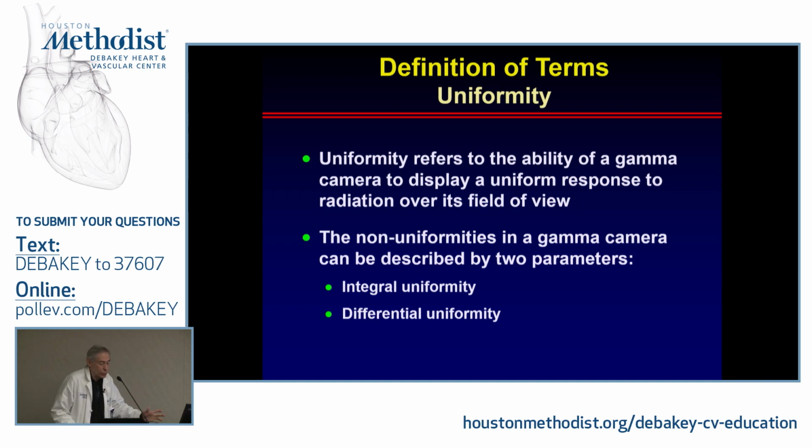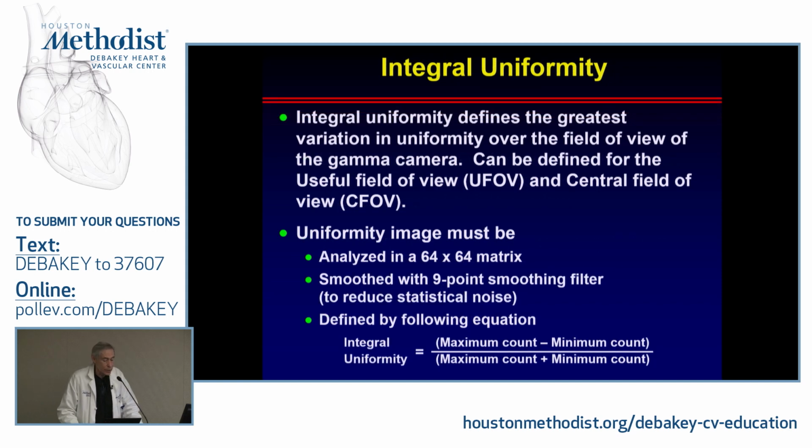And there's something called integral uniformity and there's differential uniformity. Now, integral uniformity looks at uniformity across the entire surface of the crystal. And it can either be what we call a usual field of view, which basically is the whole crystal, or it can be a central field of view. And there we're not really looking at the periphery of the crystal, more just the central area of the crystal.